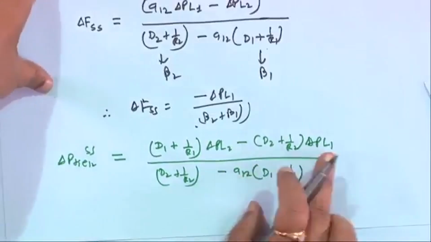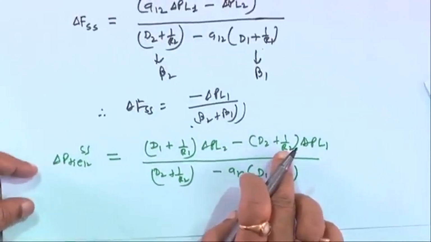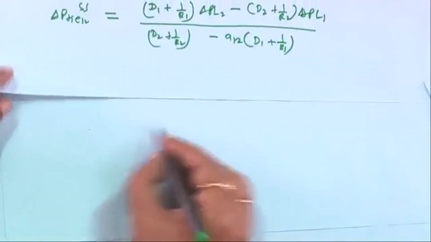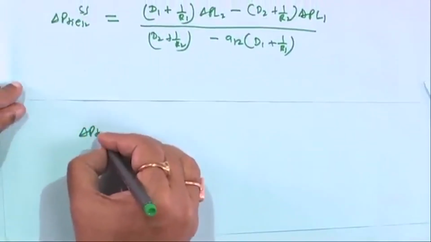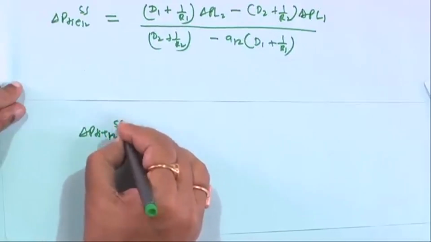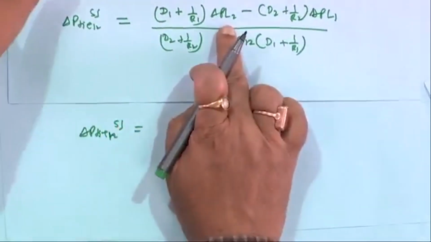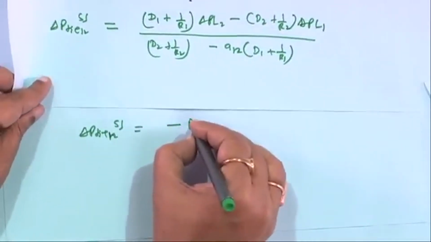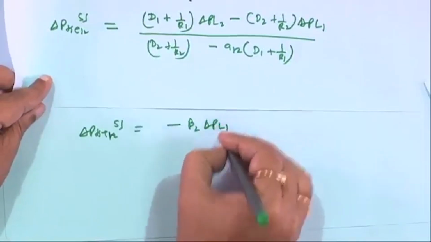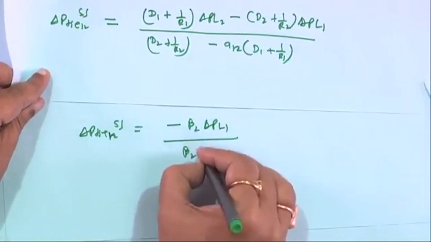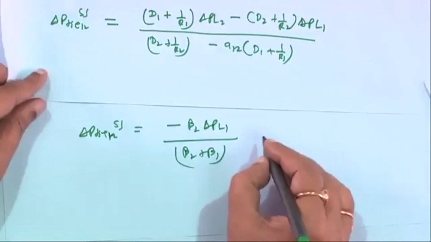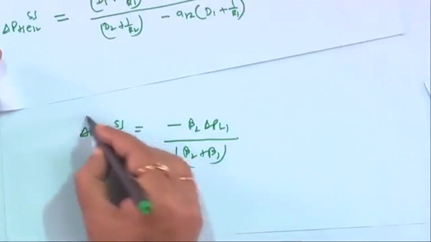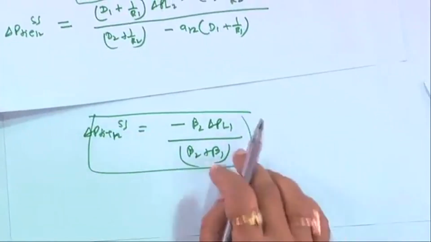Putting delta PL2 to 0, this is beta 2, this is beta 1 and A12 minus 1, delta P tie 1 to SS will become minus beta 2 delta PL1 divided by beta 2 plus beta 1. So this is for frequency and this is for tie power.